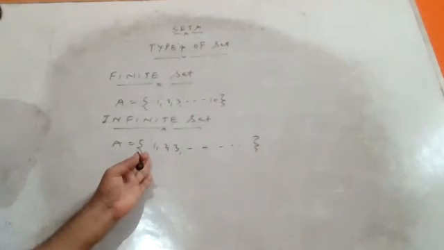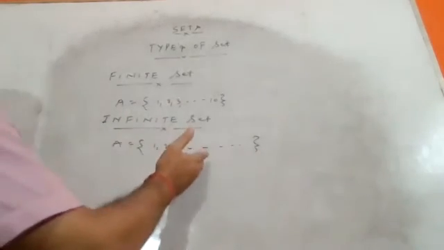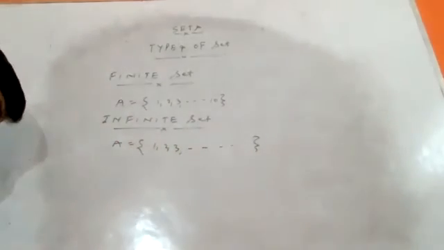Uncountable numbers in a particular set make it an infinite set. Finite you can count, infinite you cannot count. Clear? So first is empty, second is finite, next is infinite set.